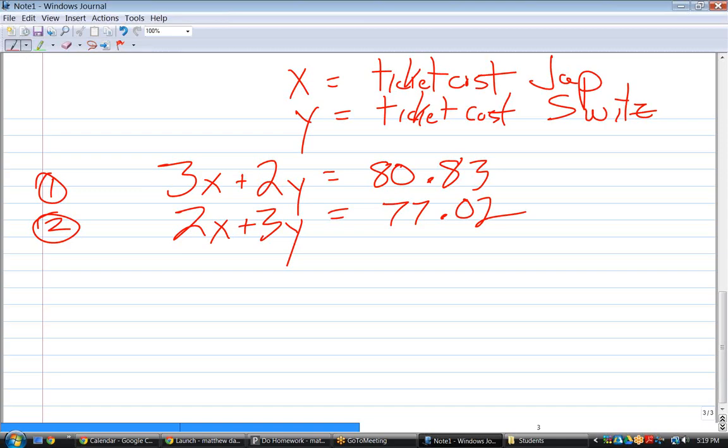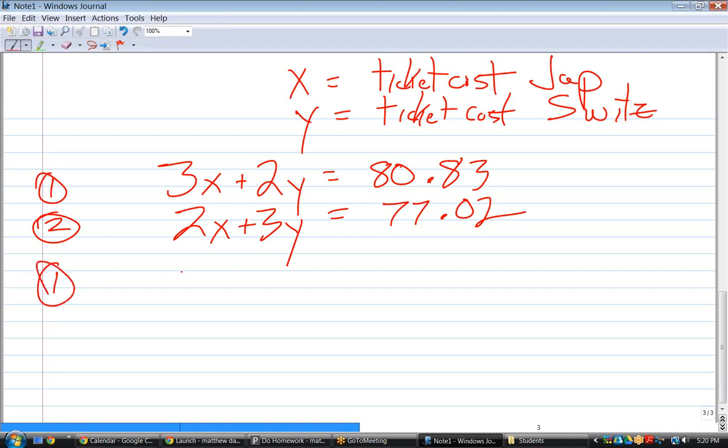Remember, you can multiply any equation, the left side and the right side, and it doesn't change it. So what if we multiplied the top equation by 2 and the bottom equation by 3? Watch what happens. Okay.